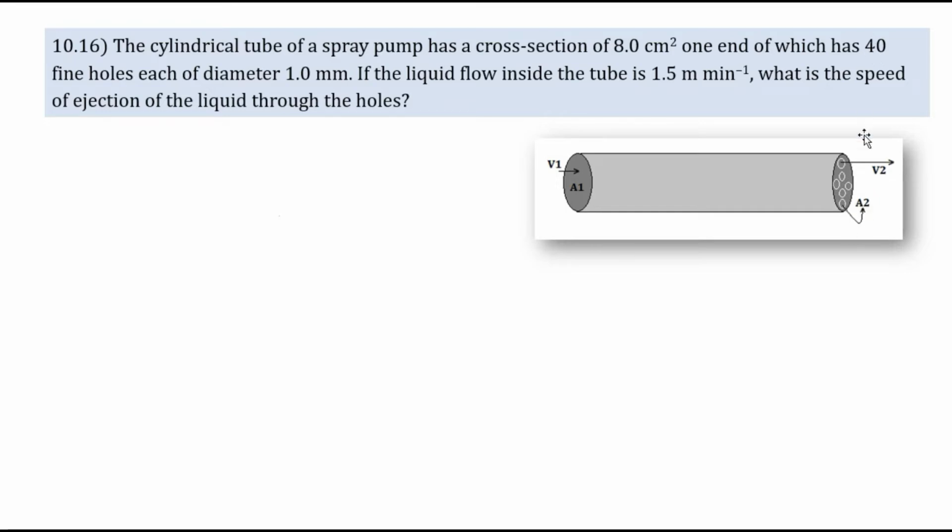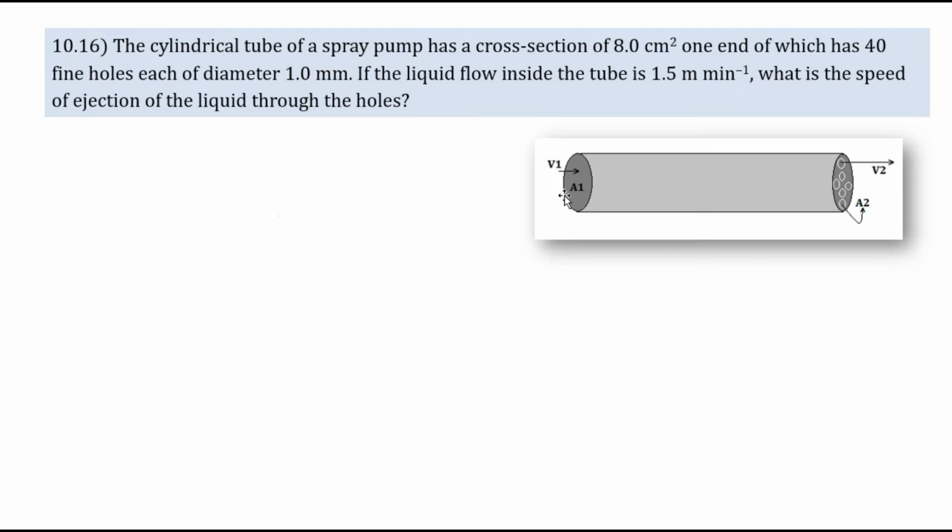They have mentioned there are 40 holes, so 40 holes are there having A2 as the cross-sectional area. Now the water is coming from this side and escaping from this side, but through these holes. Now we have to find the velocity of water passing through these holes. This is what the question is.